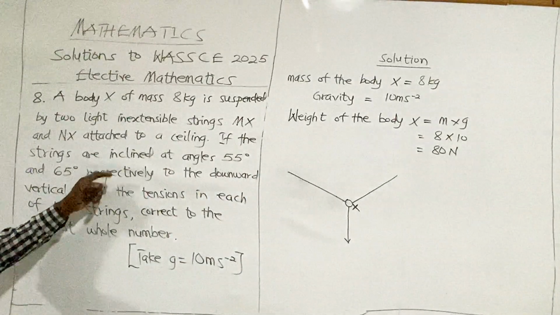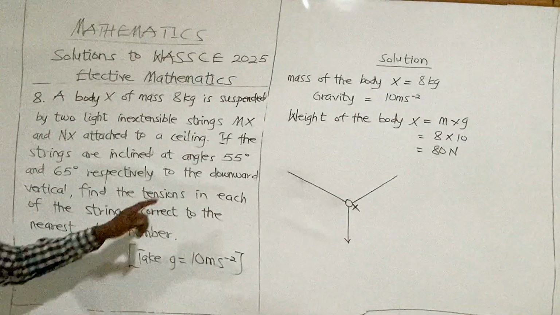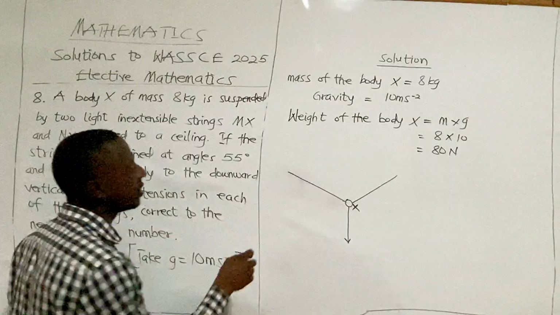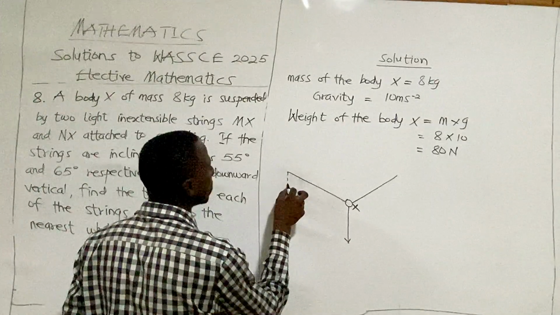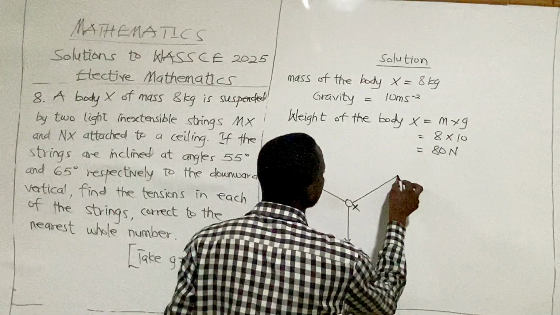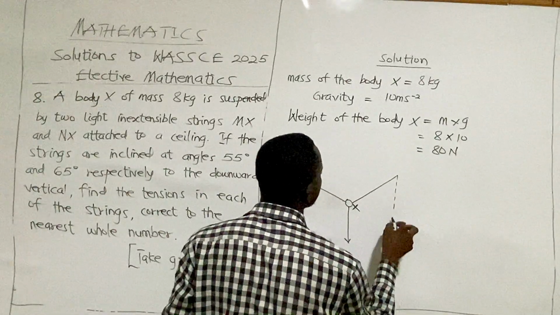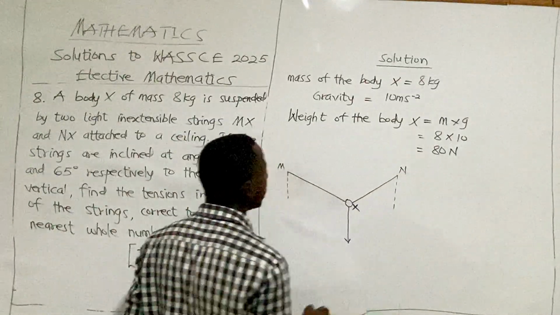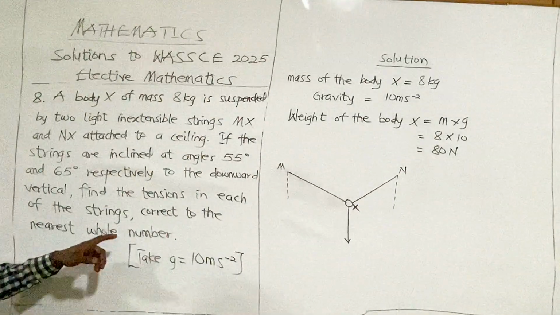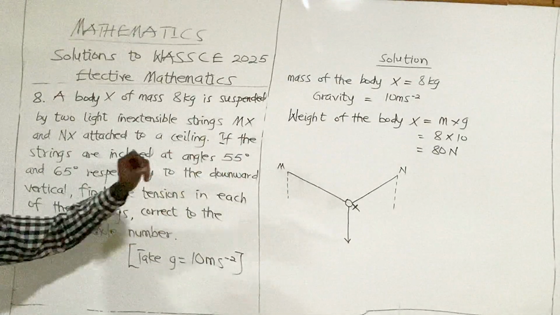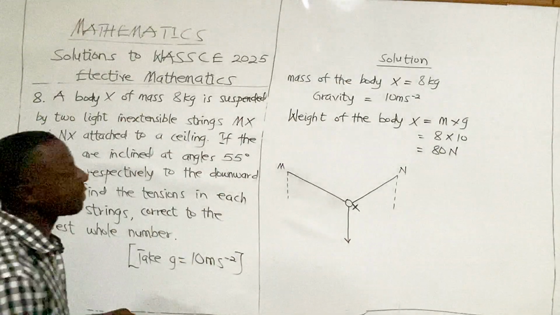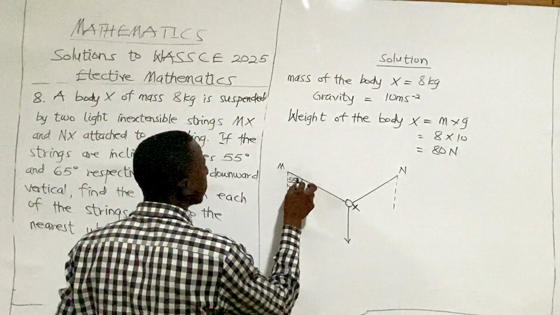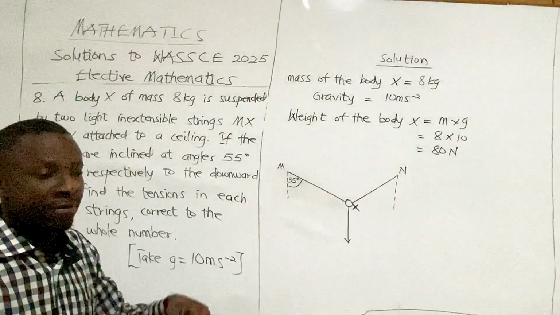If the strings are inclined at angles 55 degrees and 65 degrees respectively to the downward vertical, let's make here M and here N. If MX is the first one, then the 55 degrees will be here, because the question said to the downward vertical.